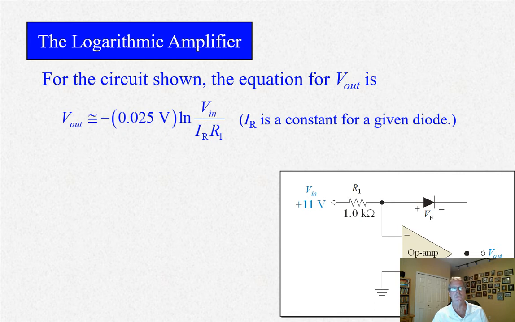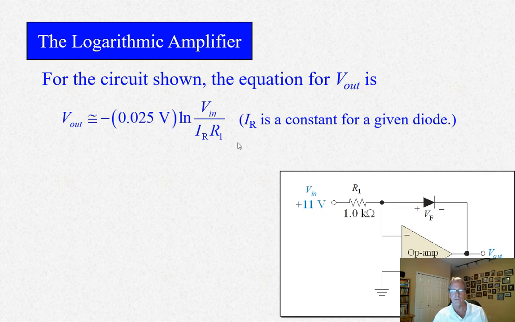This is the equation. You're going to want to put this on your equation sheet. Okay, V out is the minus 25 millivolts times the natural log of Vin divided by IR, R1. What's IR? IR is constant. That's the reverse leakage current for a diode. You can pull that out of the data sheet. That's constant.